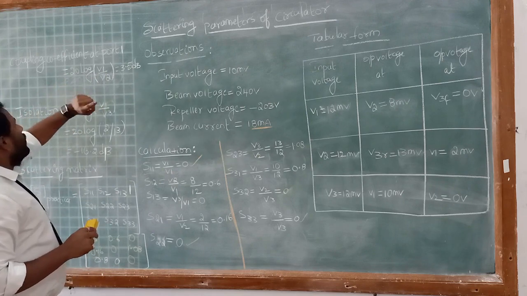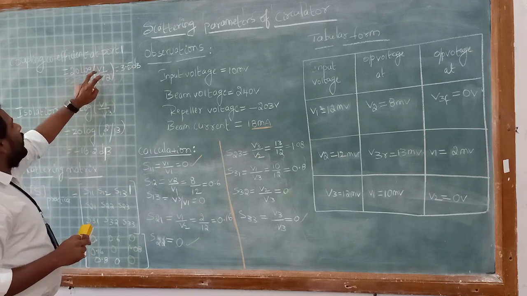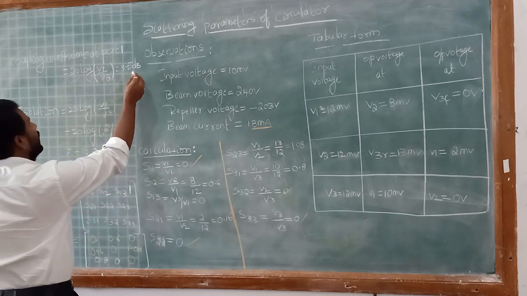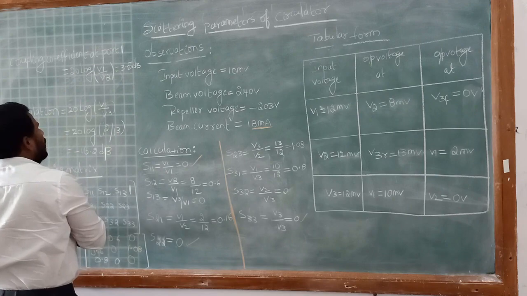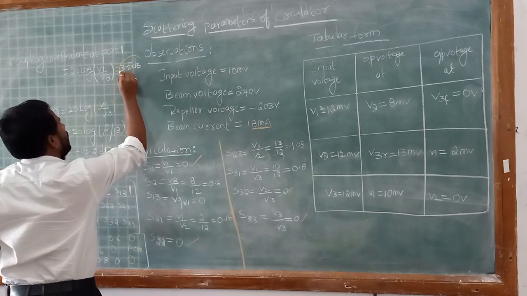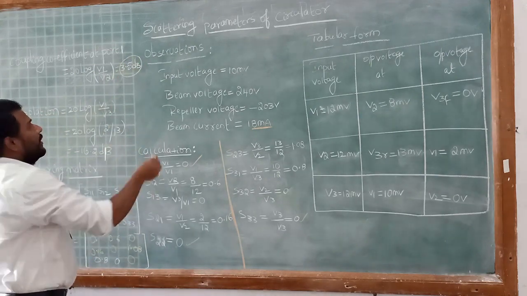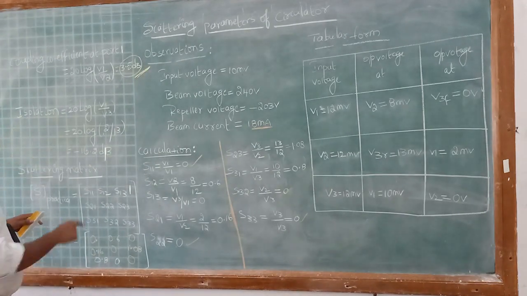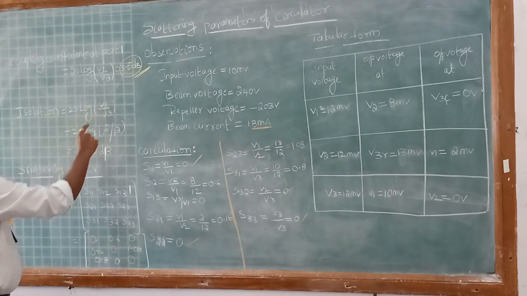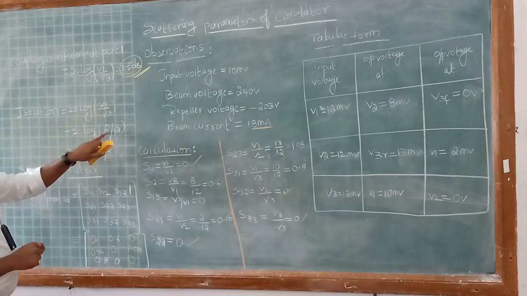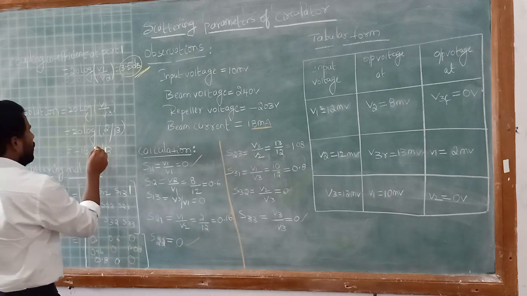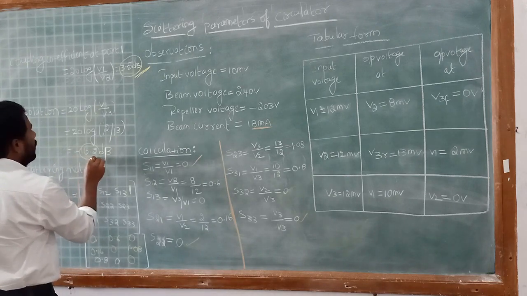Substituting those values in 20 log of V1 by V2, you will get 3.5 dB. The next, isolation: 20 log of V1 by V3, that is 20 log of 2 by 13, and you will get the value minus 16.2 dB.